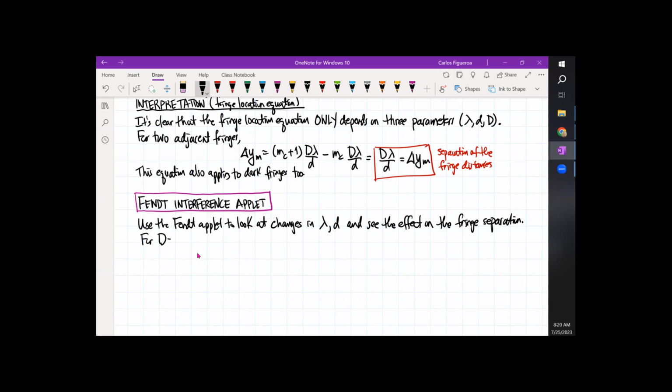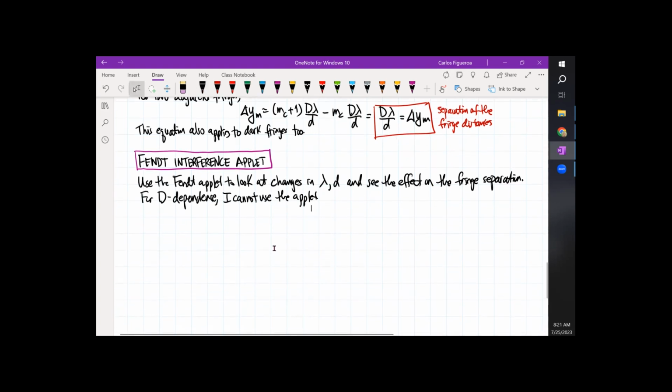For big D dependence, I cannot use the applet, so I'm going to use images from a different applet. So here I go.